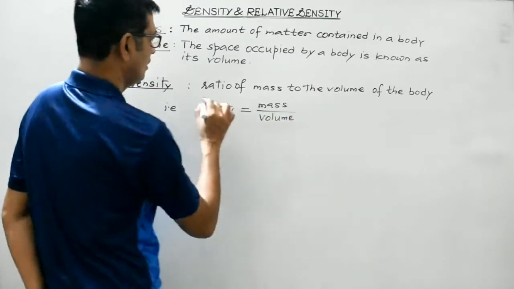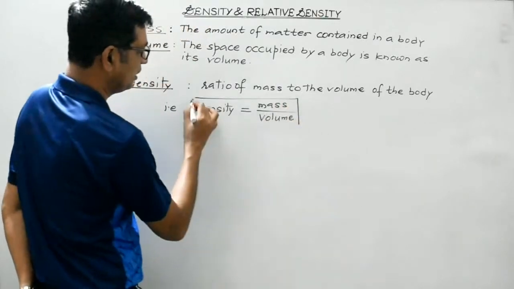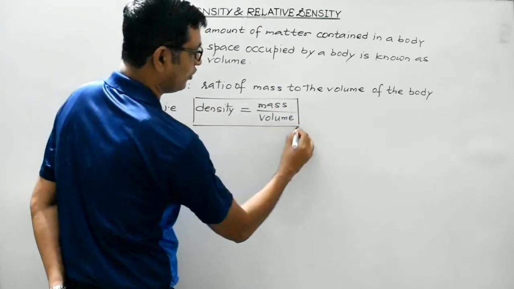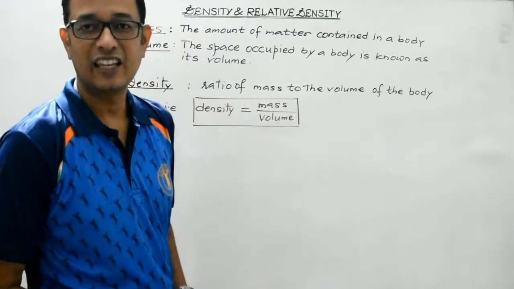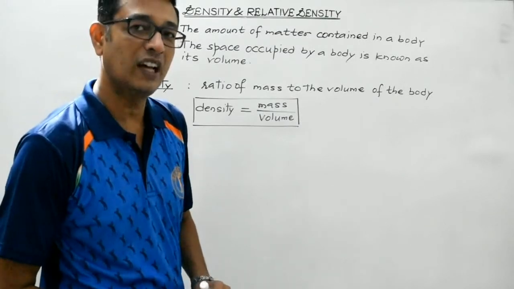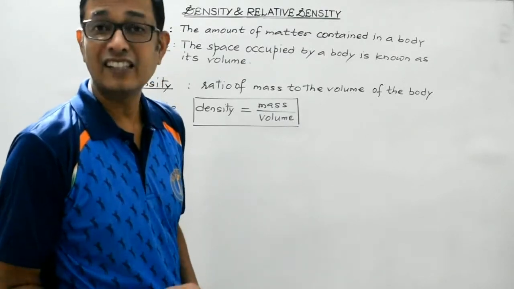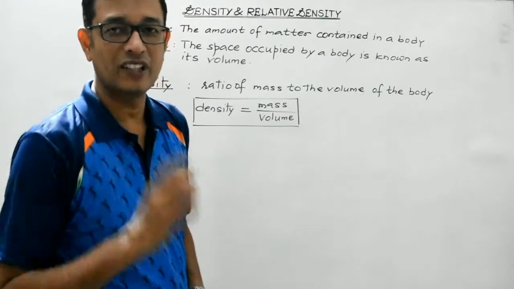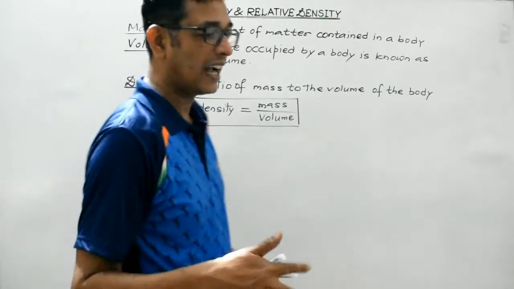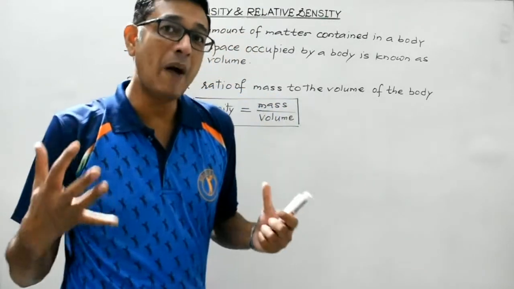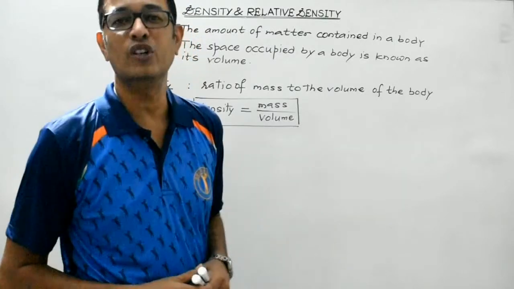Clear, students? So the mass of a body per unit its volume, that gives this physical quantity which is known as density. It is the characteristic of a body. Density, students, actually denotes the compactness of matter inside the body.